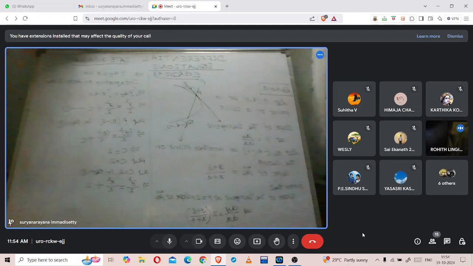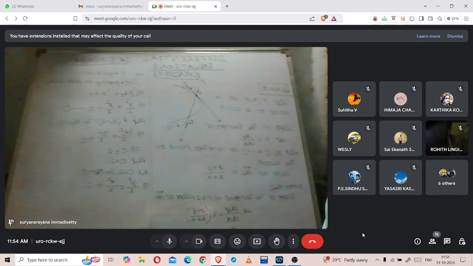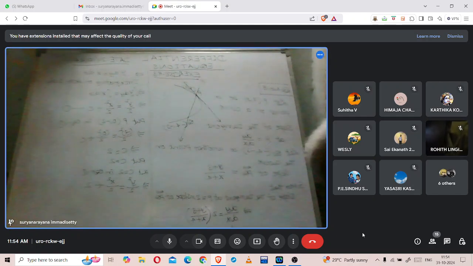Okay, see the next question. Can you go to the next question? The volume of a spherical balloon being inflated changes at a constant rate. The rate of change in the volume of a spherical balloon is given.